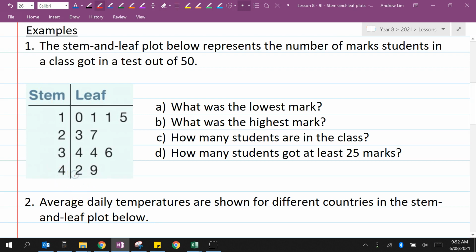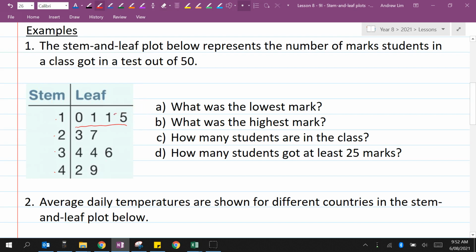Now you notice that when I said that they are in order, here's our stem column, and you will notice it's in ascending order, 1, 2, 3, and then 4. Here's our leaf column, and you'll notice that these numbers are also in order. We've got 0, and then 1, and then 1, and then 5, right? If there was a 3, I cannot write the 3 over here because 3 comes before 5.